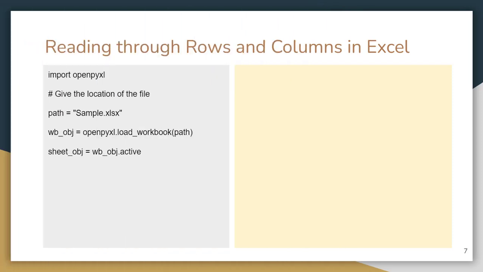Sheet_object equals WB_object.active, and this is used to activate the current sheet of the Excel. Row equals sheet_obj.max_row, that returns the maximum row that has data.